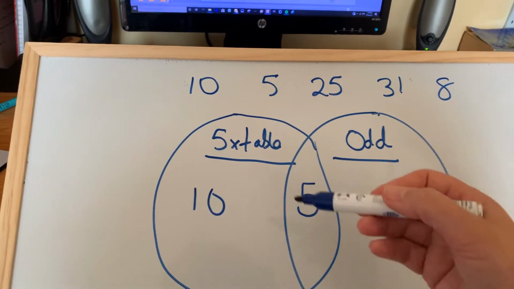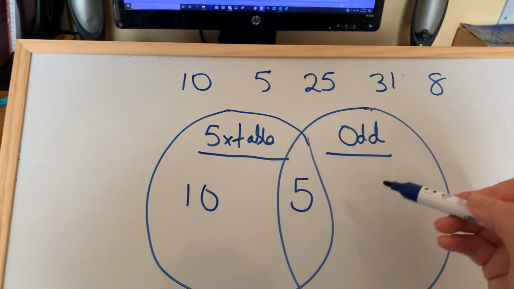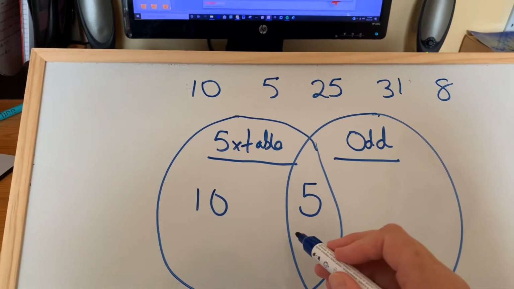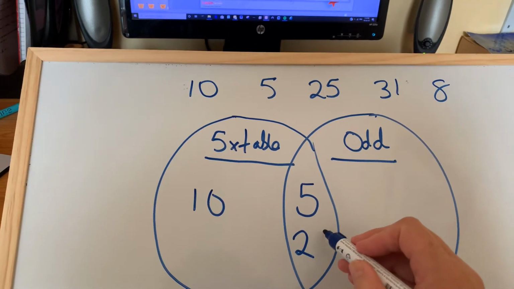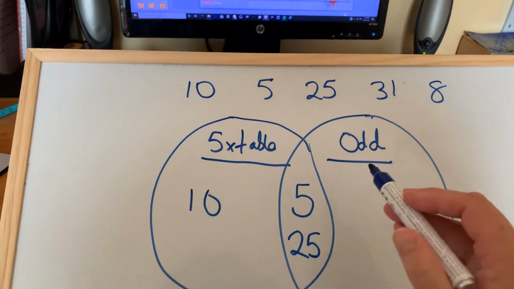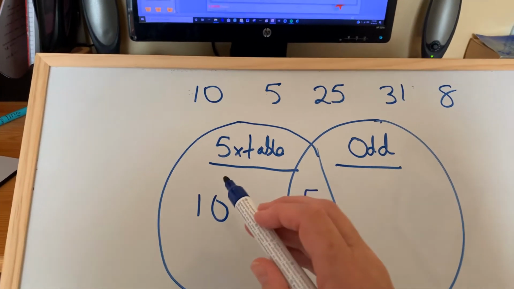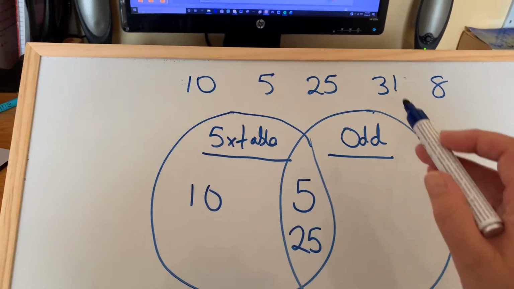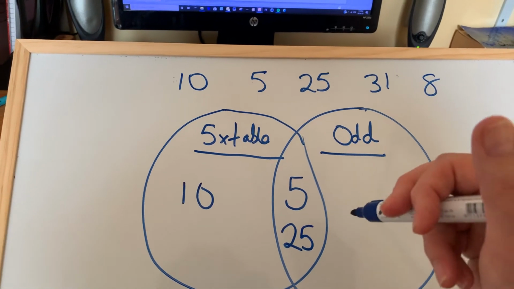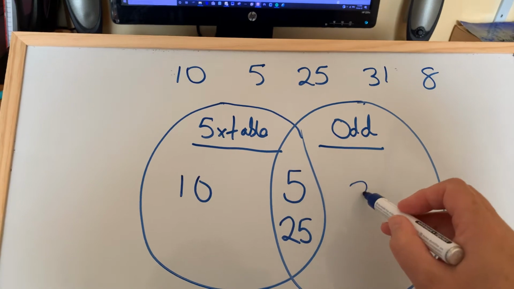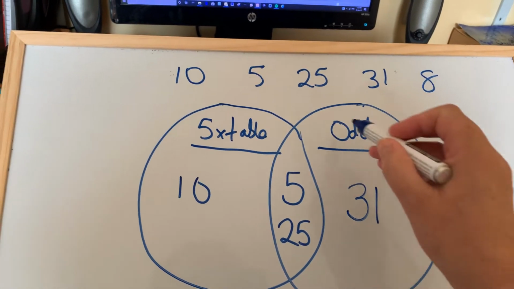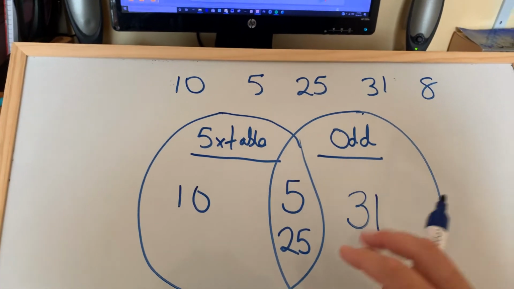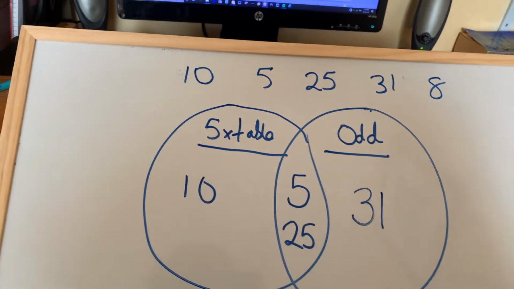25 is also in the 5 times table, and it is odd, so you put it into the overlap where the 2 go. Now I've got 31. Is that in the 5 times table? Is it an odd number? Yes. So I would put 31 just in the odd circle, not in the overlap because it's not in the 5 times table.